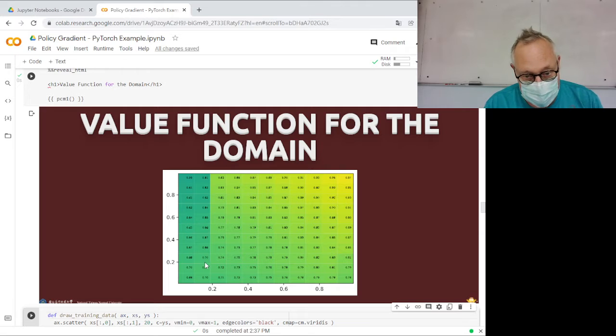Because I have to go down here where the value actually changes, the reward maximizes here, so this is where the doors should be. Then I go through and the other door is over on this side.